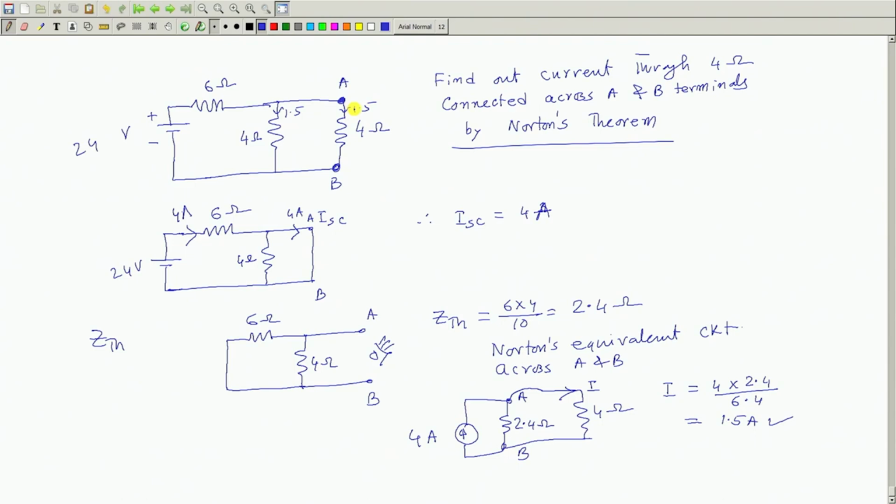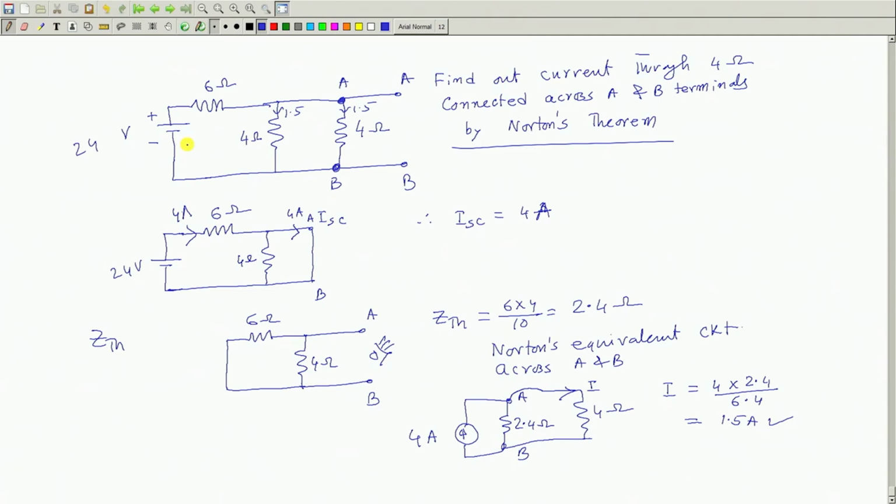Only thing is that sometimes these points are shown like this, A and B, and they say that across AB I am going to connect some impedance, find out the Norton's equivalent of this network. Are you getting me? Then okay, short circuit current you find out, then retain this 4 ohm while calculating Z Thevenin's. Does it make any sense to you?